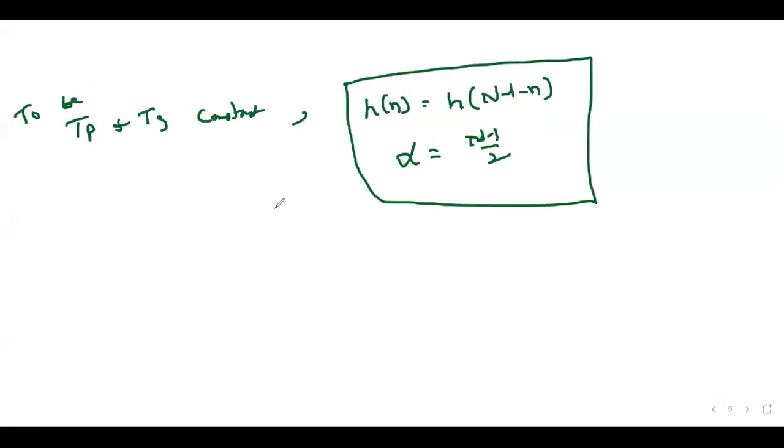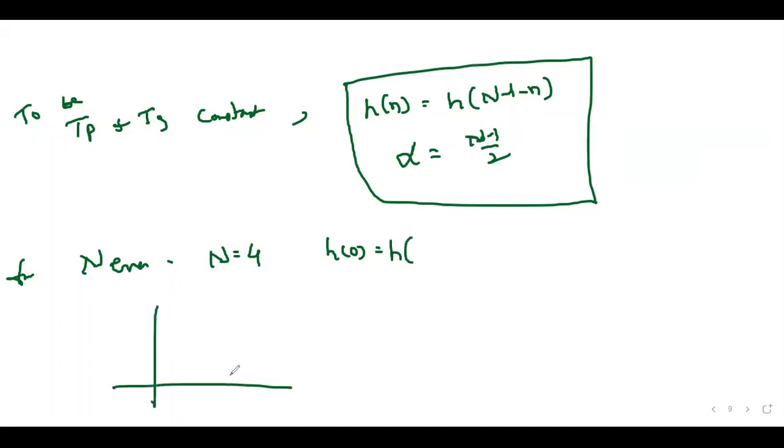So in that, the first case is N value may be even or odd. Suppose it is even, what will happen? For N even, say for example N is equal to 4 samples in h of n. What we can write from this is h of 0 is equal to h of 4 minus 1 minus n, that means h of 3.